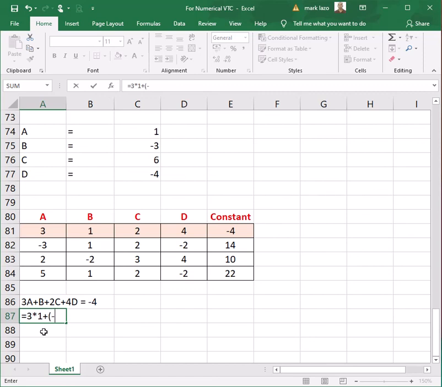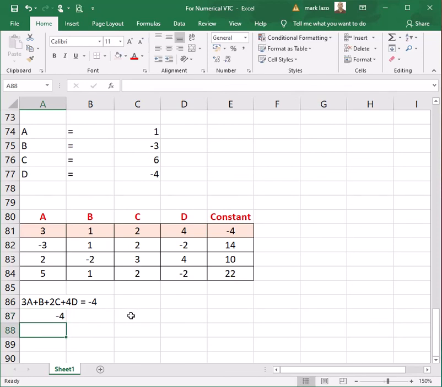We have -3, plus 2 times C. What is the value of C? 6, plus 4 times, what is the value of D? -4.